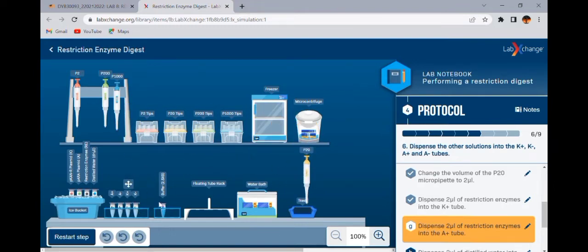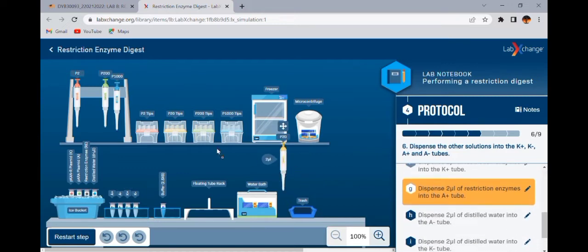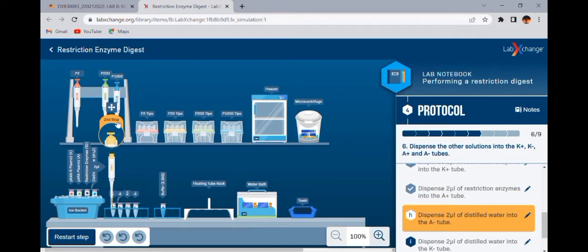After that, dispense 2 microliter of restriction enzyme into the A plus tube and dispense 2 microliter of distilled water into the A minus tube.